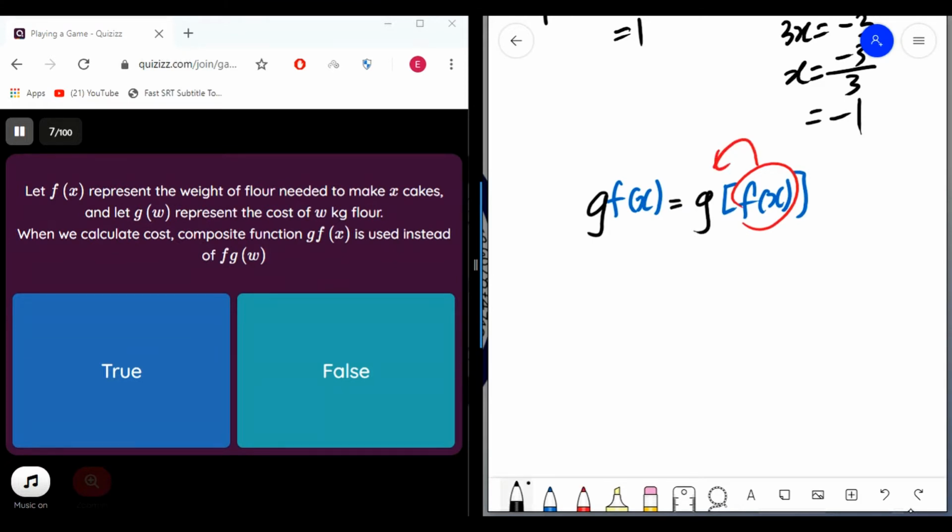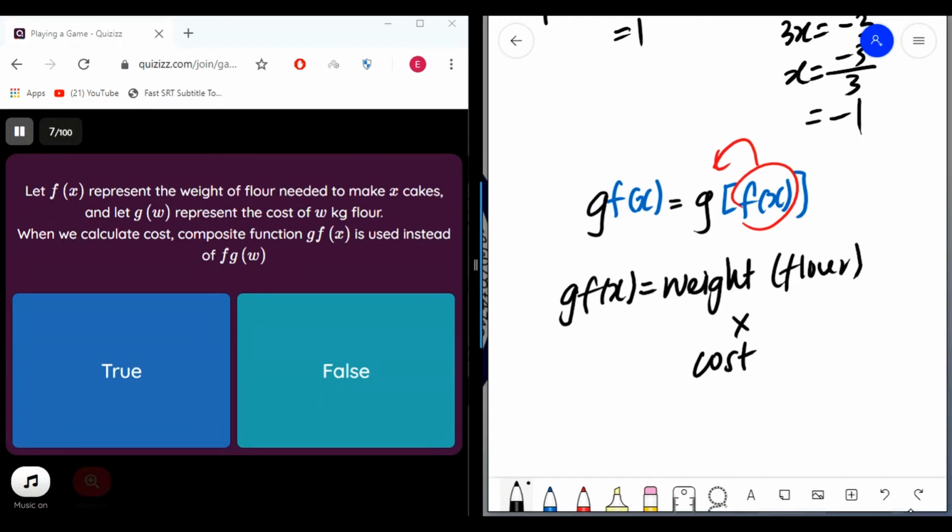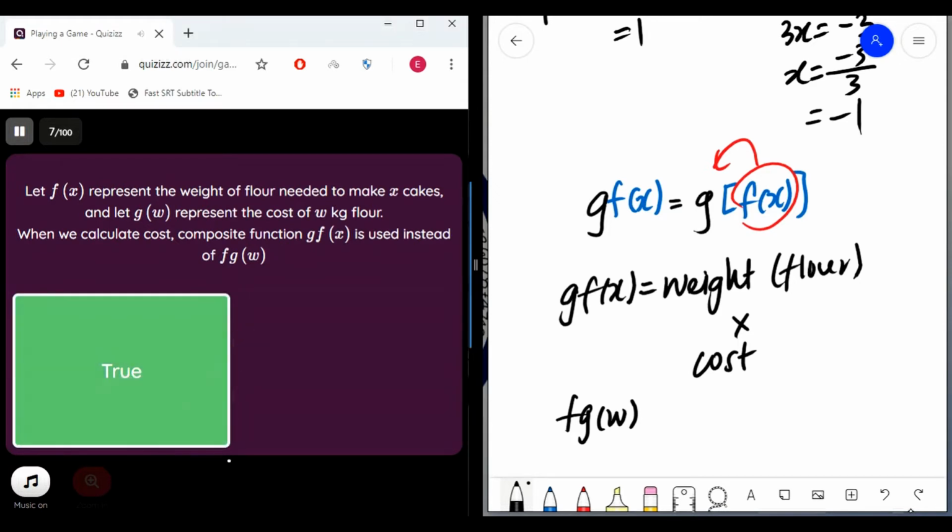In this question, if we take g(f(x)), it means we will get the weight of flour first, then multiply by the cost per kg. Makes sense, huh? If we take f(g(w)), well, if you think about it, it doesn't even make sense. Therefore, the statement is true.